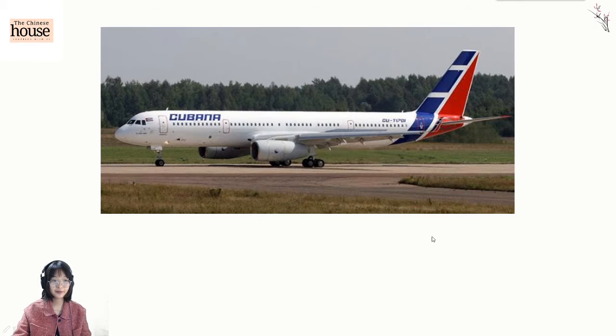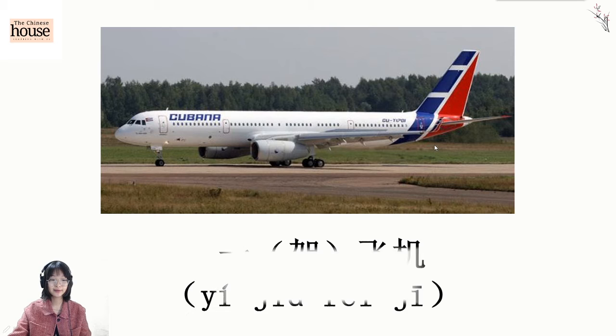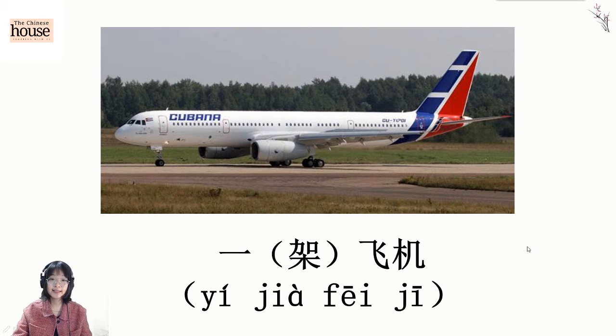And then a plane. 一架飞机. Fourth tone. 架. This is not yī jià, because 架 is fourth tone, you need to pronounce yī in the second tone. 一架.